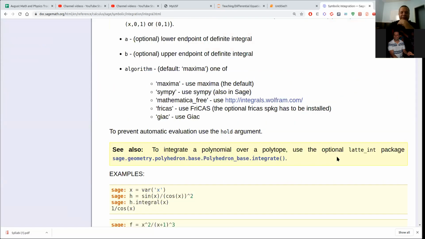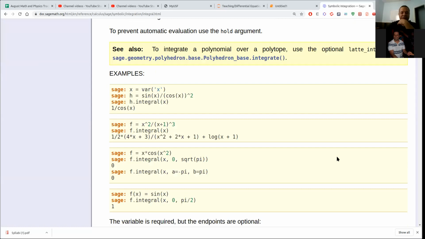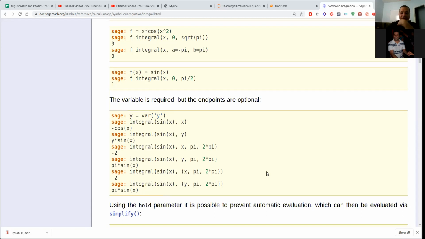I'm doing an indefinite integral. Okay, shouldn't be too hard. Just integral. Okay, no worries.